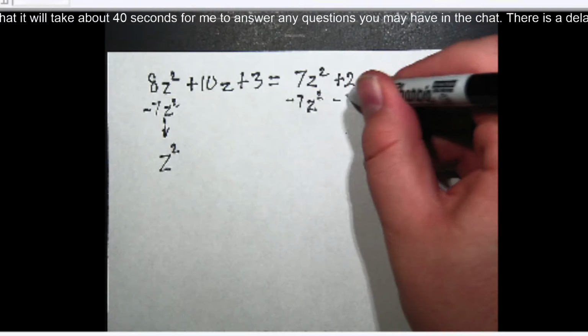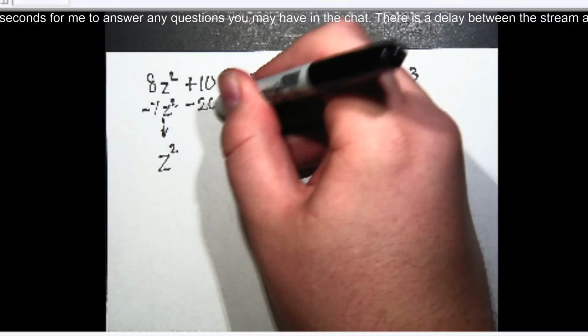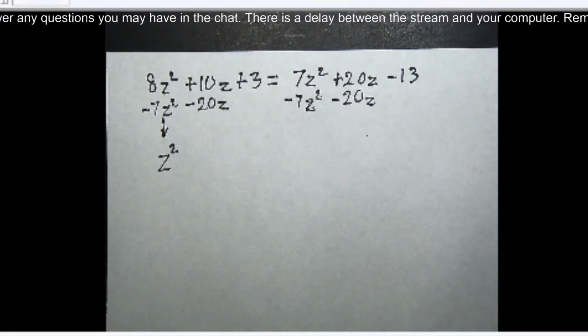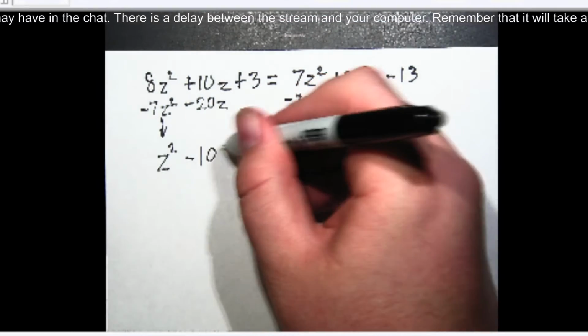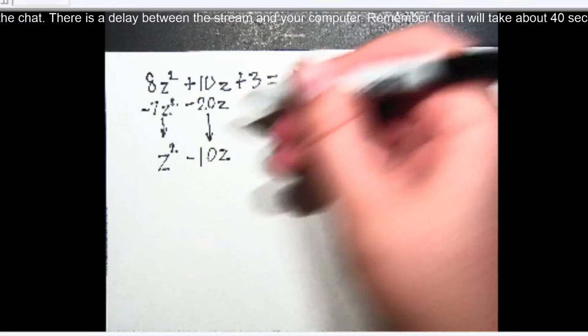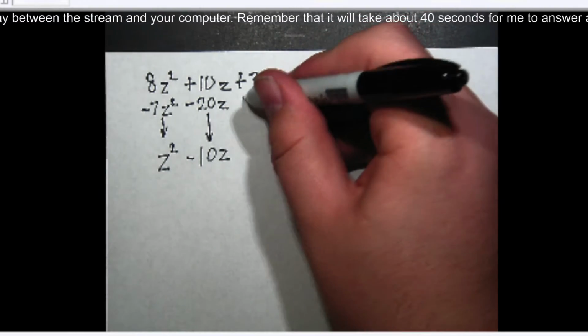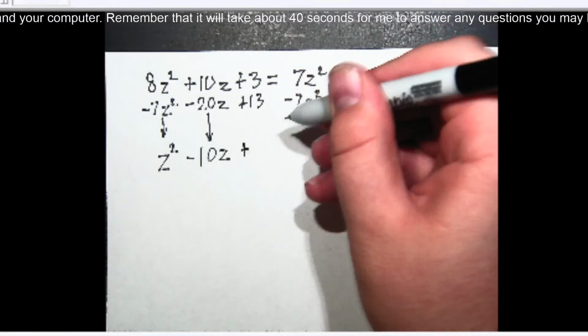Then minus 20z on both sides. Okay, that's going to give us negative 10z here. And then add 13 to both sides. And that'll give us 16.